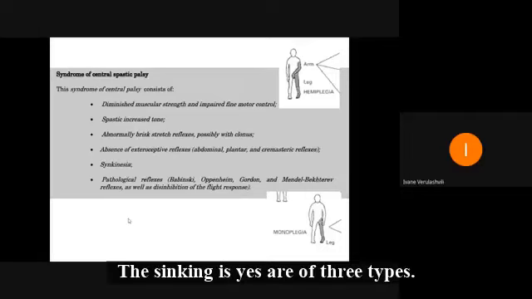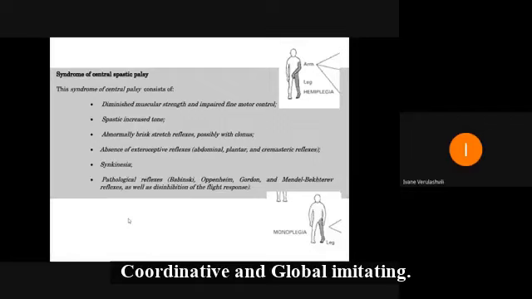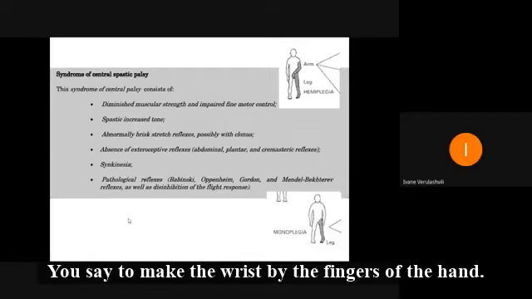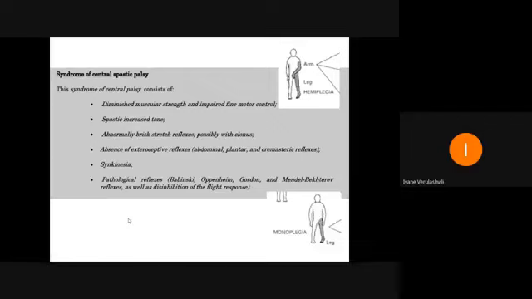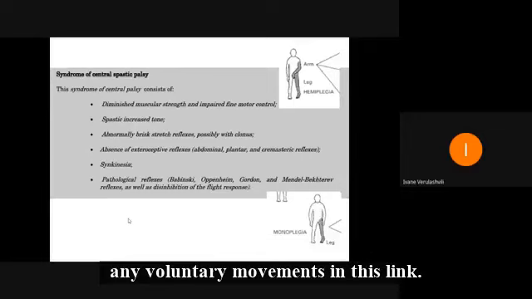The synkinesias are of three types: imitative synkinesia, coordinative, and global. Imitative: you ask to make a fist with the fingers of the hand in the palsy limb. Of course he cannot because he has palsy, and palsy is the absence of any voluntary movements in this limb.